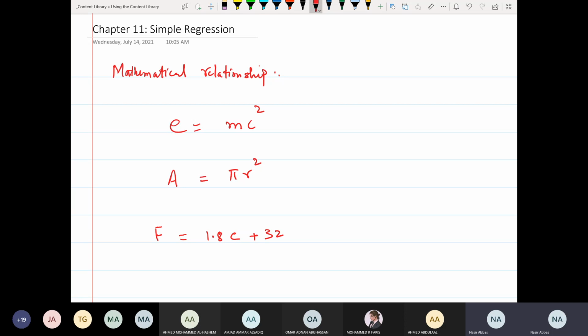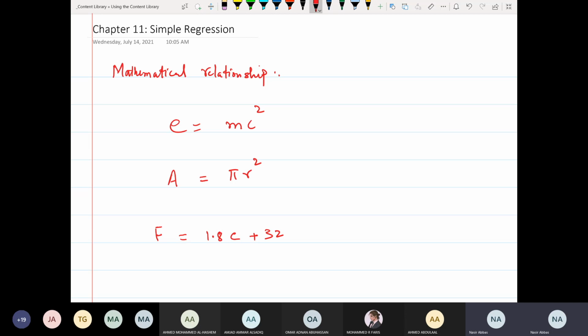Then we have a quadratic relationship between two variables, then a linear relationship between two variables. What is the property that makes them mathematical relationships? They are exact. If I give you the value of Celsius, you can give me the exact value of Fahrenheit. If I give you the radius of a circle, you can give me the exact area.